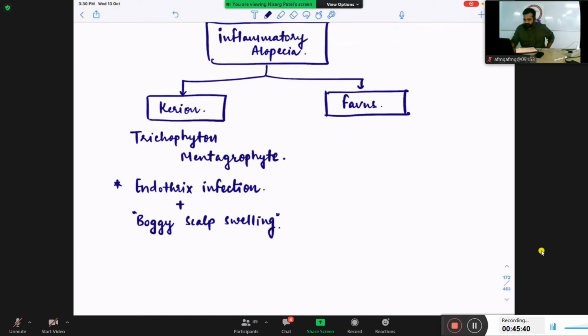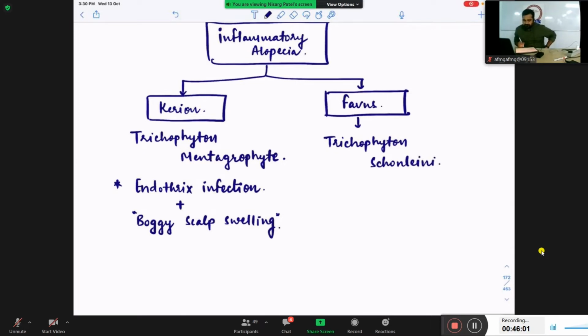Second is a Phoebus. It is caused by the Trichophyton Schonleini.